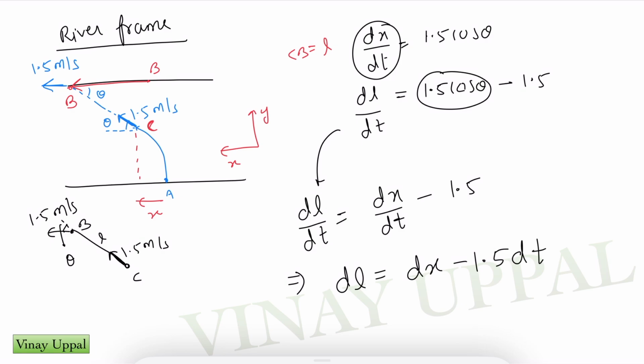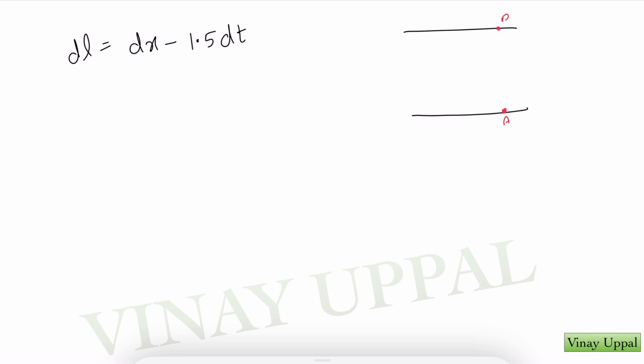And now I have to integrate this. So this equation is what I want to integrate. Let me do that on the next page. dl is equal to dx minus 1.5 dt. Looking at the limits that I want to apply, initially the boat was at point A and point B was here.